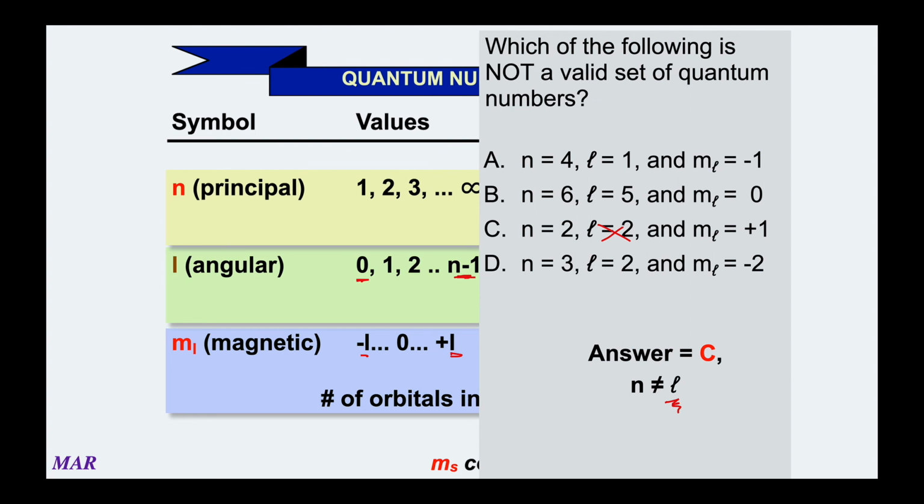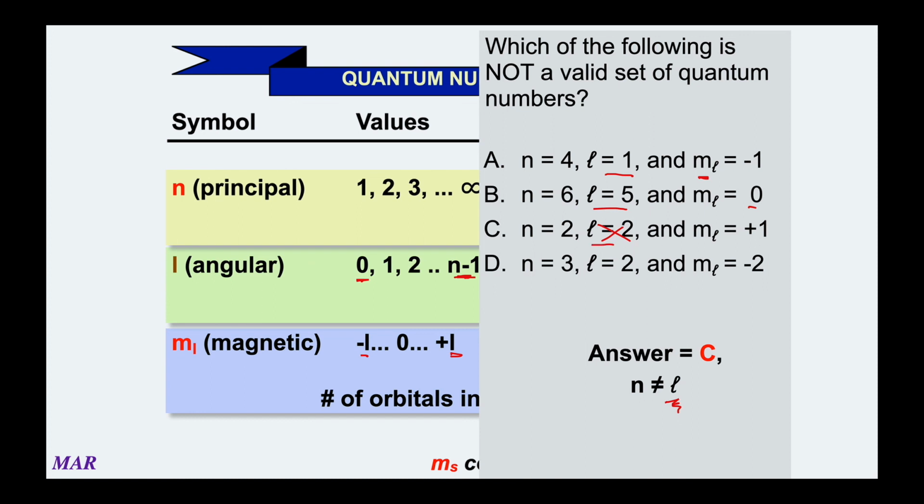Now, even though we didn't need to talk about it, let's talk about m sub l as well. m sub l has to be between negative l and positive l in whole numbers. So if l equals 1, m sub l could be negative 1 like it is, 0, and plus 1. Those would be allowed values of m sub l. On the next one, if l equals 5, m sub l could be any number between negative 5 and positive 5, and 0 does count here as an example.